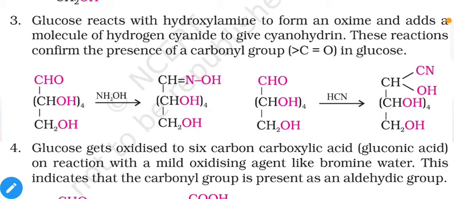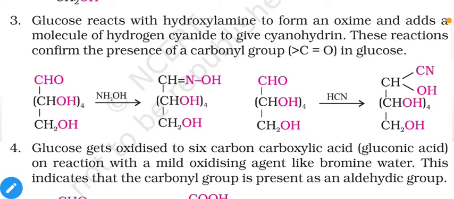So here 2 different reactions are mentioned. When we react an aldehyde, or C double bond O group, with NH2OH, it gives us an NOH group attached to it. So oxygen will be replaced with an NOH group, which is called an oxime. The second reaction suggests that when we react it with HCN, the whole HCN molecule will be added.